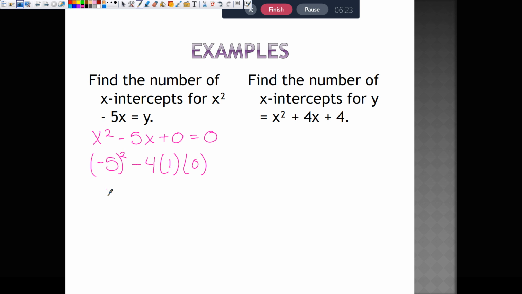So what's negative 5 squared? 25. Negative 4 times 1 is negative 4. Negative 4 times 0 is 0. It's b squared minus 4ac. This is my a, 1. Okay, so 25 minus 0, 25. Is 25 greater than, equal to, or less than 0? Greater than 0, so it has 2 solutions.